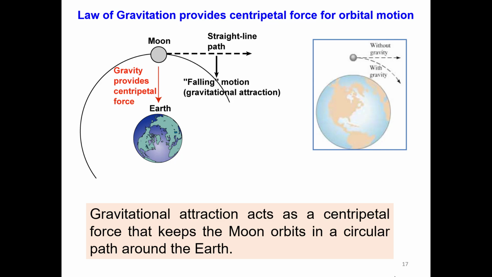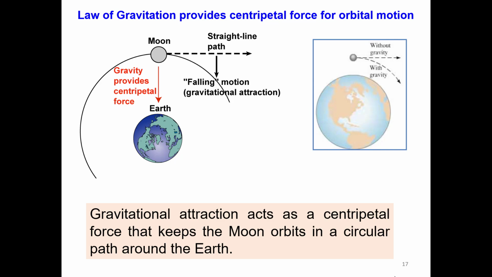Now the question is, what is the force that keeps the moon moving in a circular path around the Earth? The answer is that the centripetal force that keeps the moon moving in a circular path around the Earth is the gravitational force.